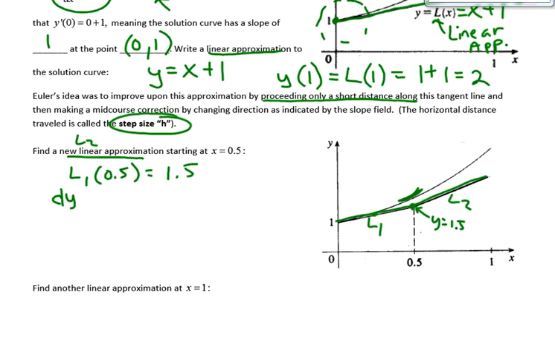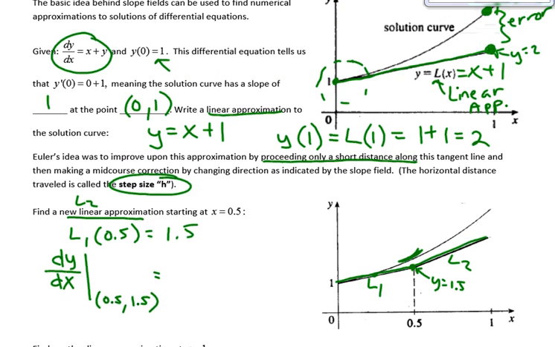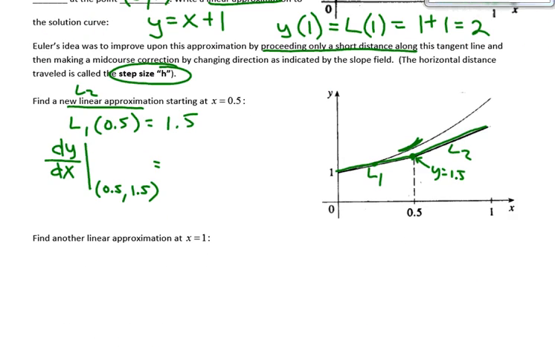So I'm going to calculate dy/dx at the point (0.5, 1.5), which again is an approximation. And that is, remember, x plus y, so that would be a slope of 2. Okay. So line 1 had a slope of 1, and now I'm looking at line 2, and it's now a slope of 2.